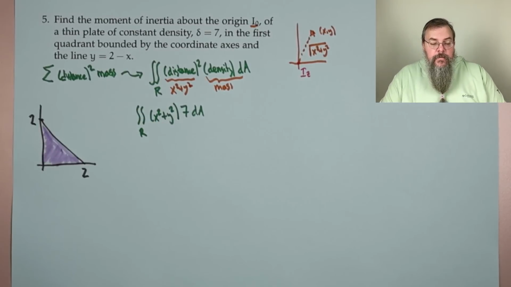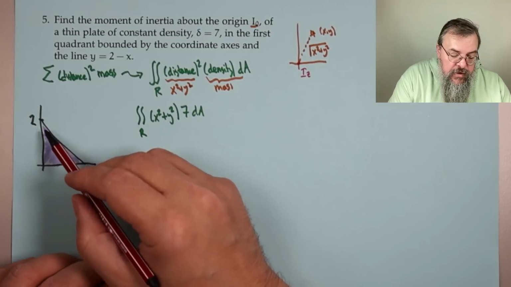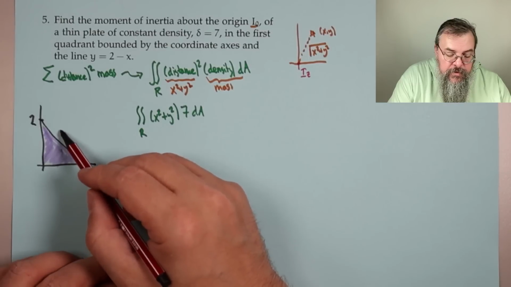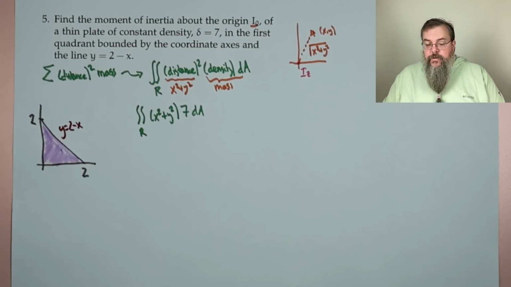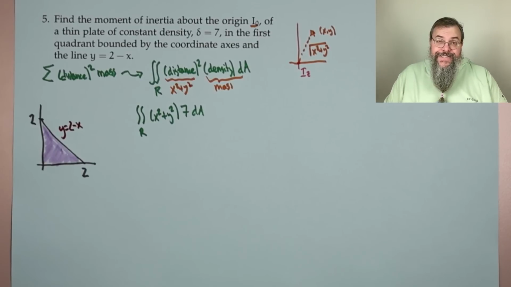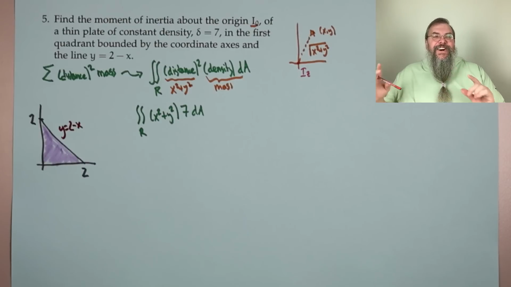And we get the following. This is y equals 2 minus x. And, as they say, brace yourself. We'll do this the long way.